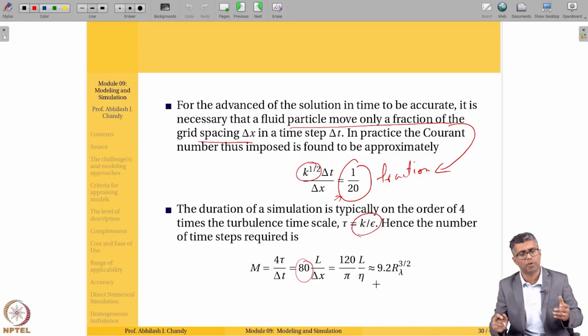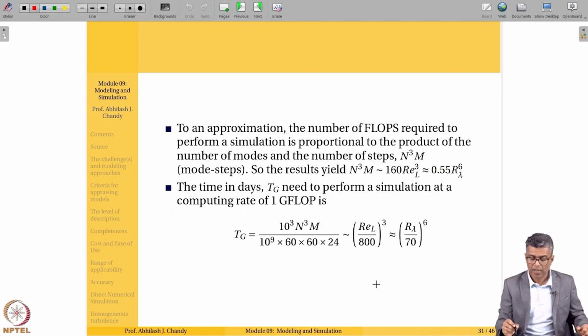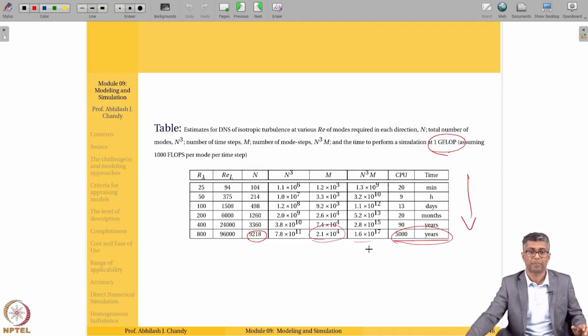And then you can get an estimate for Re_L as well. That is not shown here, but you can get that too. Once you put everything together, you have Re_L over 800 cubed, or R lambda over 70 cubed. That is the total computation time in days.